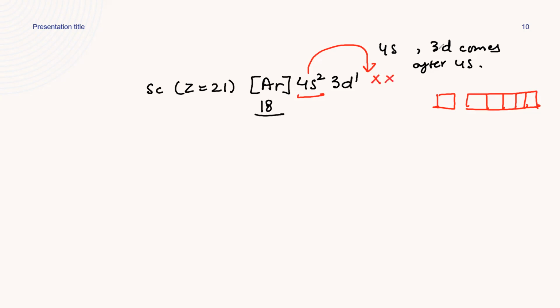The right way to write the electronic configuration is argon 3d1 4s2. So listen really carefully. Fill the 4s orbital first, but while writing, write the 3d first, then the 4s. The 3d will come before 4s. Why?